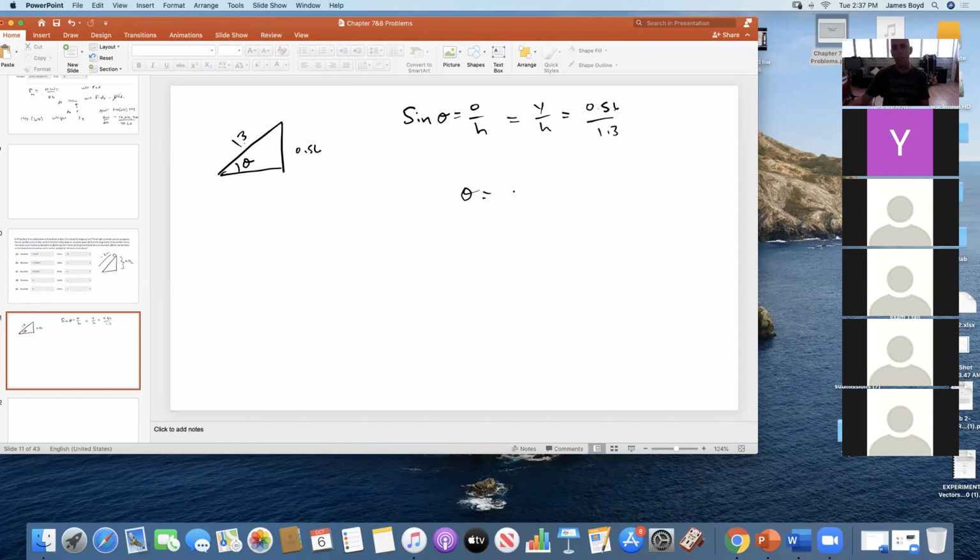Take the arc sine and we get this angle if we need it. That's step 1. I think I'm in radians, so I'm going to change. Arc sine in degrees of 0.56 divided by 1.3 is 25.5164 degrees.